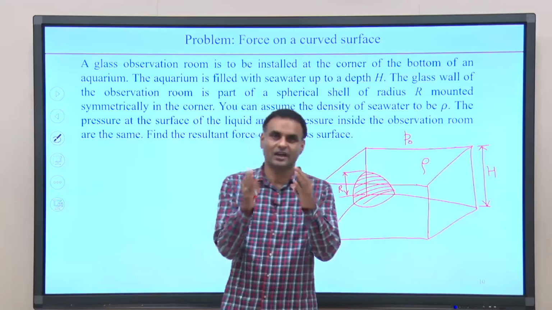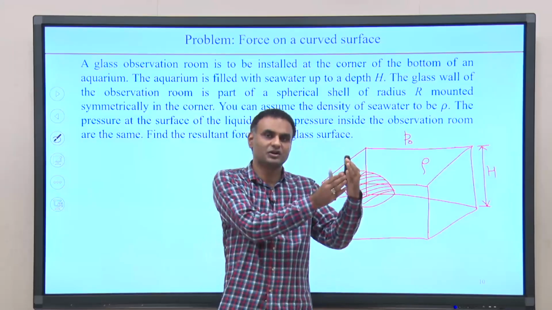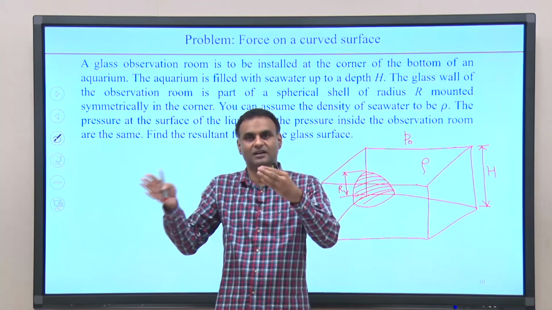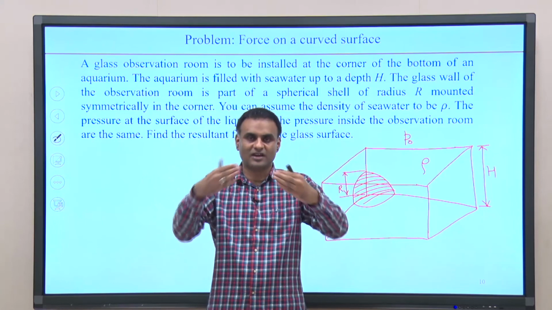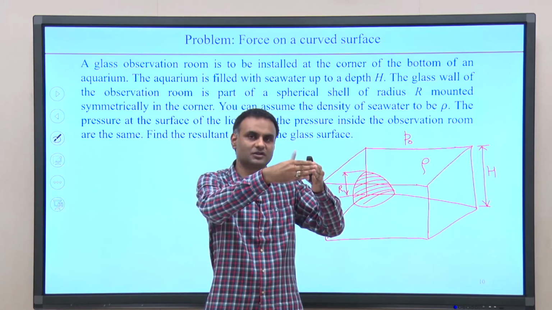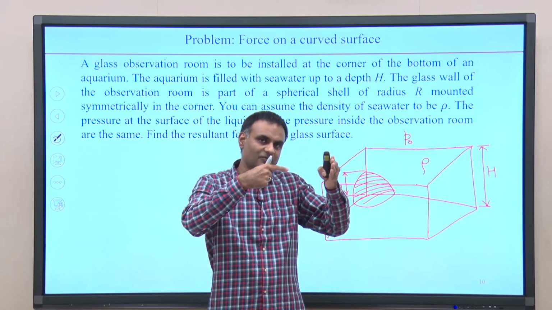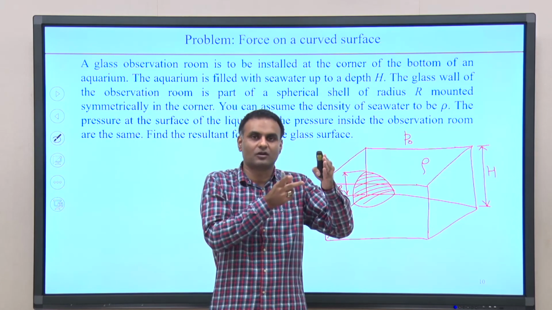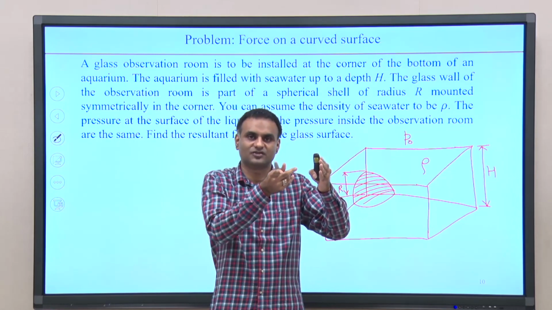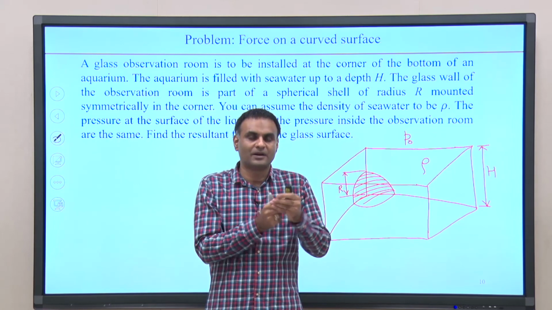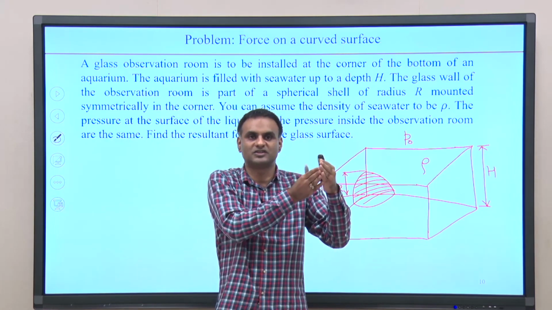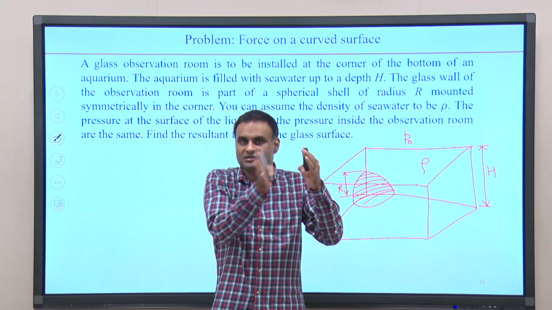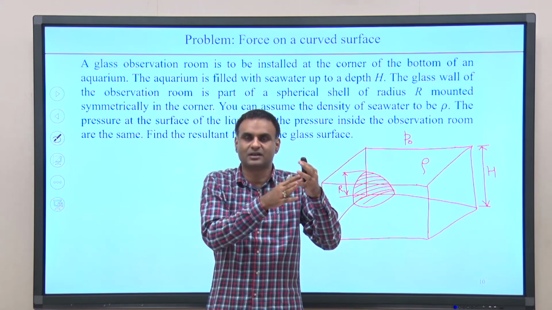So, we can have a force on one horizontal surface and another horizontal surface. Let us say that these are x and y surfaces which are normal to each other. One force will be acting in the x direction and the other in the y direction, but their magnitudes will be the same because the glass surface is placed symmetrically.